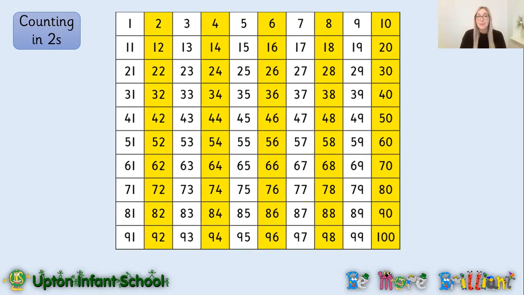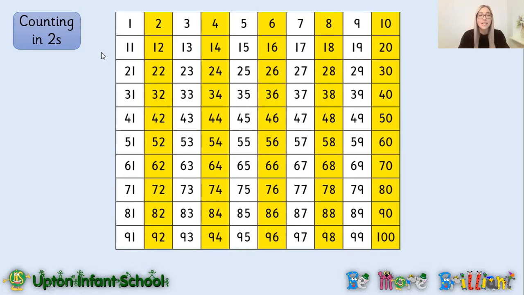So the rule with counting in 2s is that we always say numbers which end in a 2, 4, 6, 8, and 0. Okay. So again, let's challenge ourselves. Let's go all the way to 100.